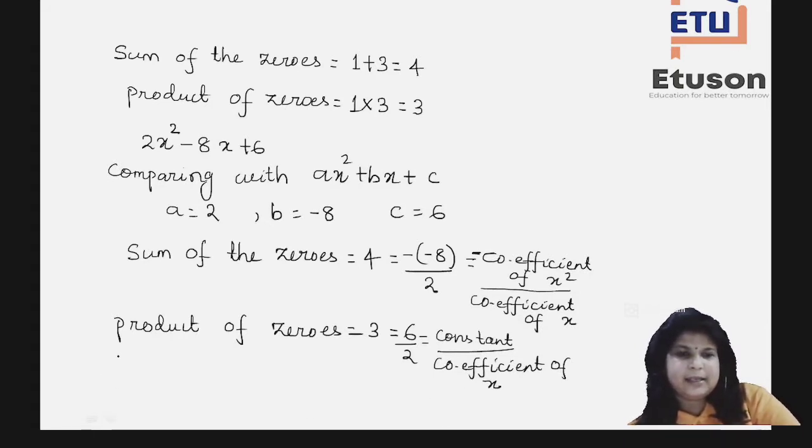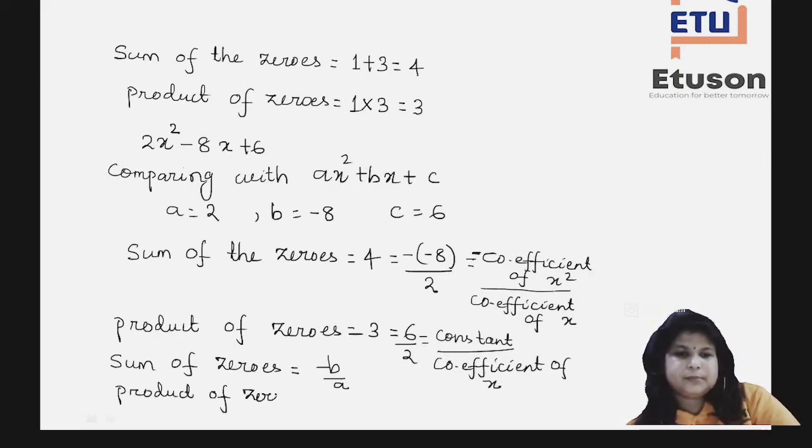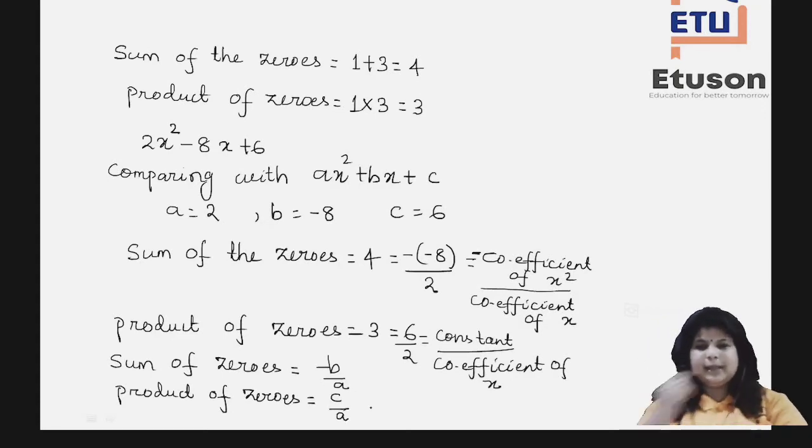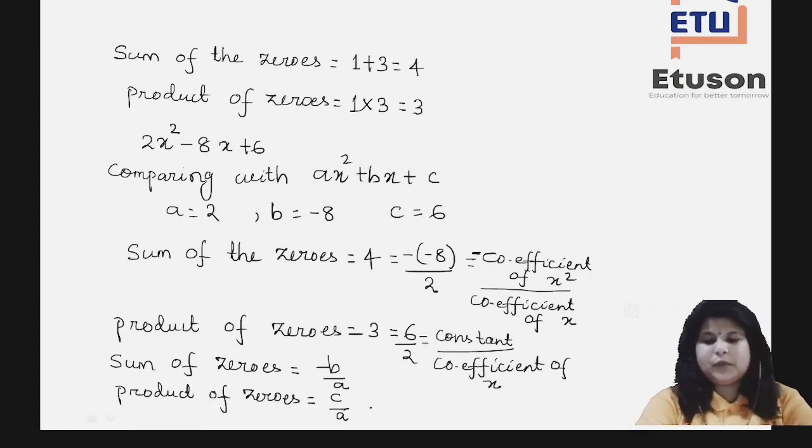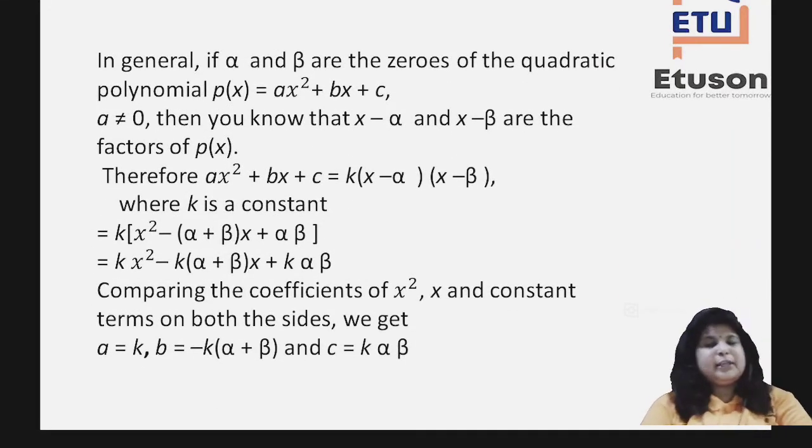So I can write that sum of zeros is equal to minus b by a, and product of zeros is equal to c divided by a. Correct? Okay.